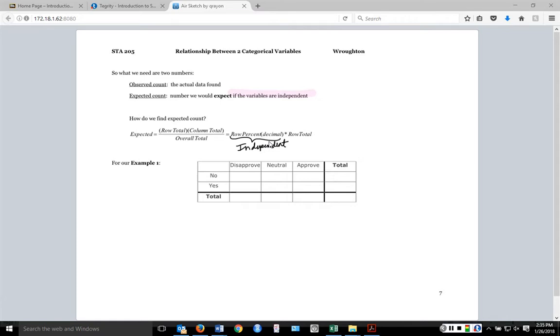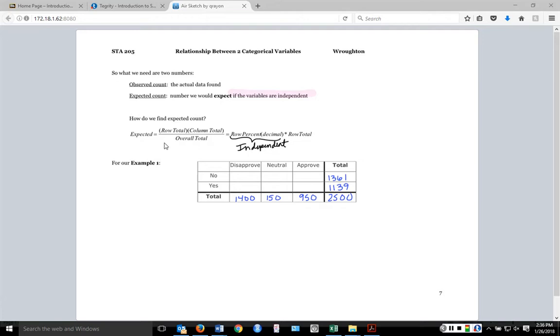So the first thing that I need are my row totals, because those are going to be exactly the same. I also need my column totals, because those are going to be exactly the same. So when I'm looking at expected counts, I don't get to change any of my totals. Those are all the same, and these are the numbers I'm going to use to calculate them.